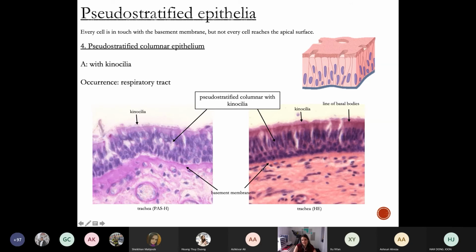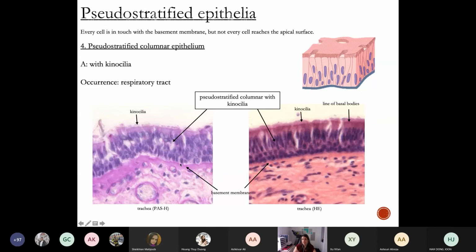In this kind of epithelium, you will always see a layer with round nuclei. These shorter cells which do not reach the surface will always have round nuclei, and these are found directly on top of the basement membrane.